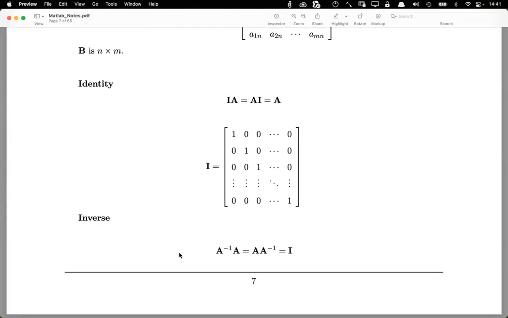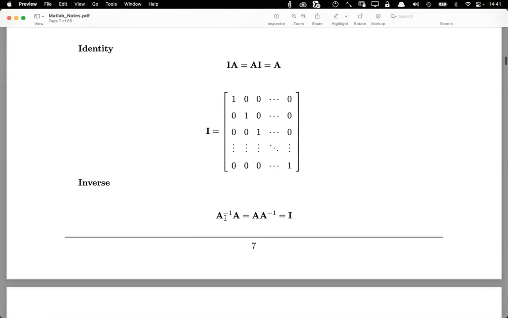Inverse. So the inverse matrix, that's A to the power of minus 1, times A equals A times A minus 1 equals I, the identity. Like the inverse of a number.